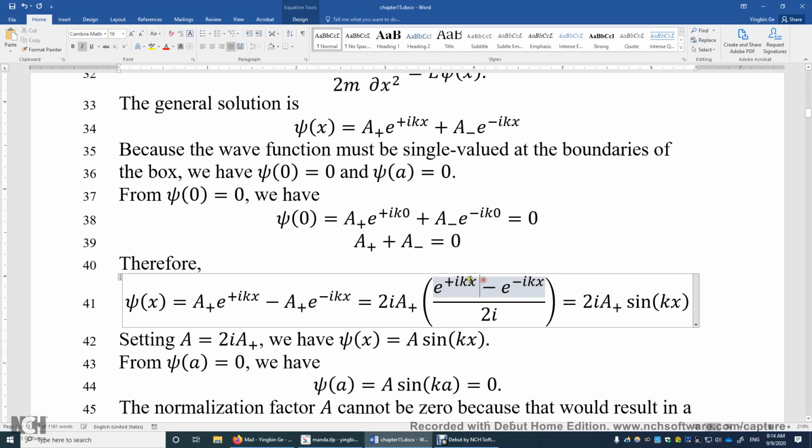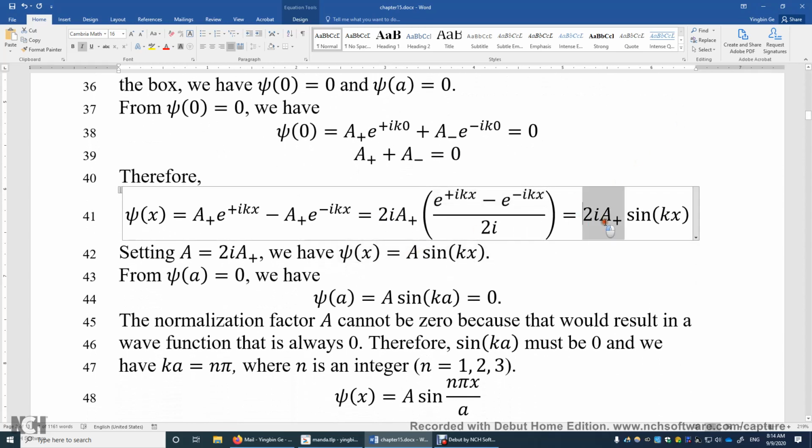So over here, you are looking at cosine kx plus i times sine kx. And this one is cosine kx minus i times sine kx. You do the subtraction, you get 2i times sine kx. And 2i times sine kx divided by 2i is sine kx. Therefore, this wave function of the particle inside the box has got to be a sine function.